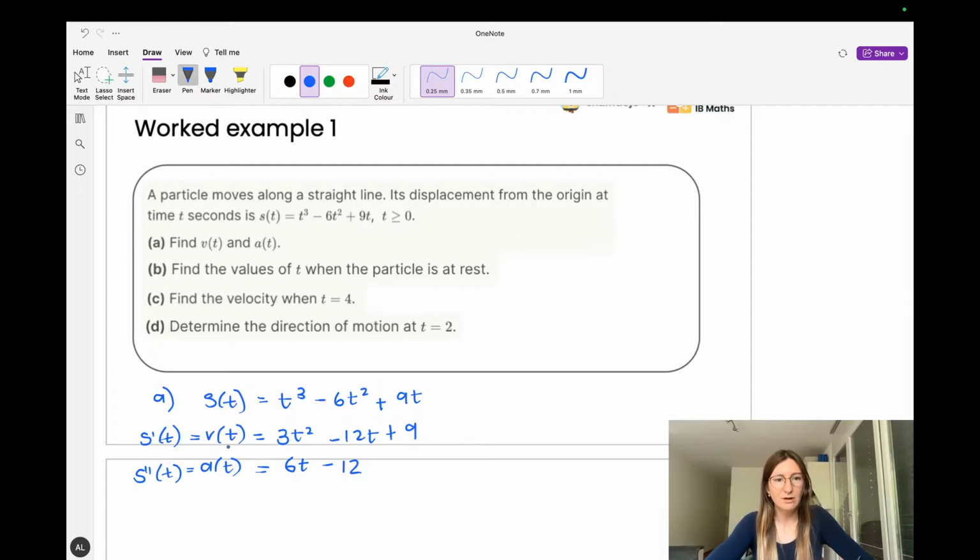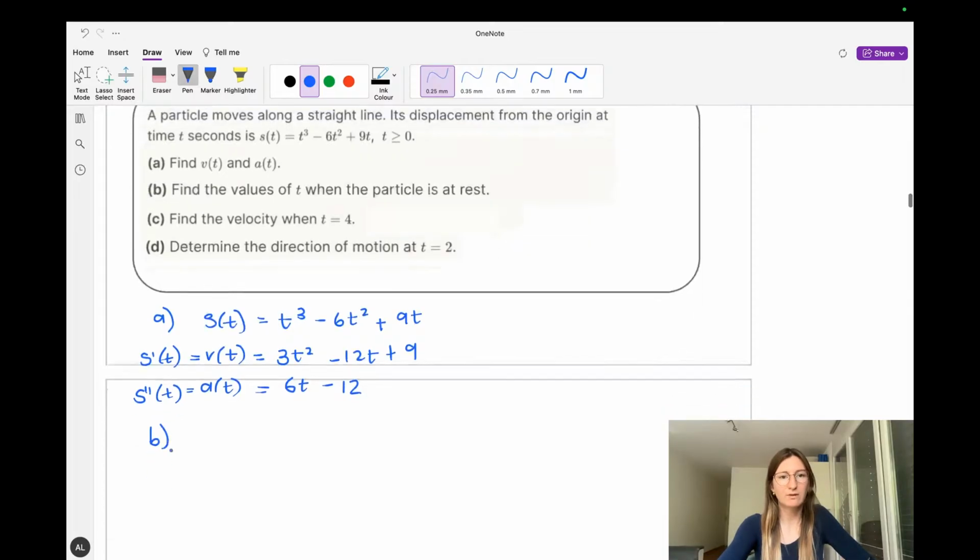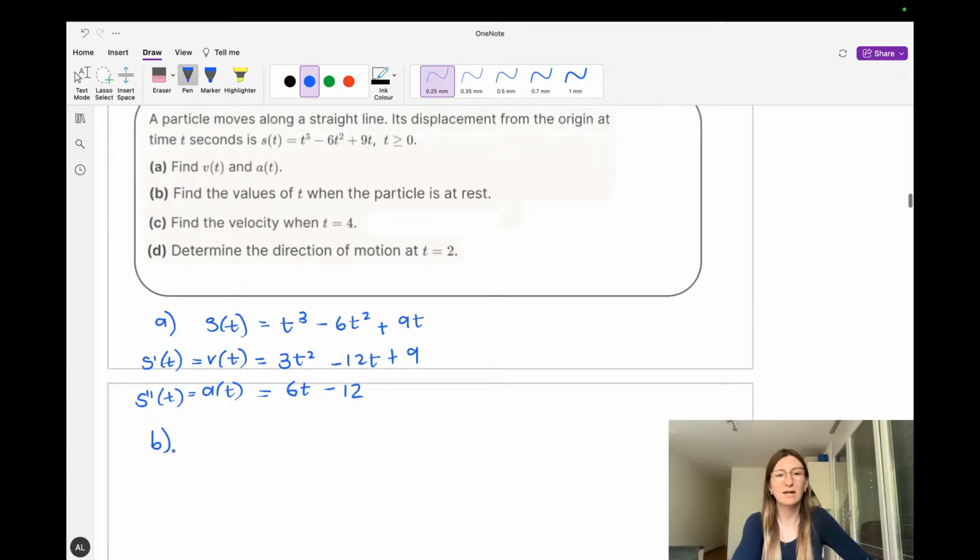Then find the values of t when the particle is at rest. So think about what that means. When a particle is at rest, it has no speed. So when the velocity, v of t, is equal to 0, that's when it's at rest. So we set our velocity function equal to 0. So that's 3t squared minus 12t plus 9. I can divide all through by 3 to make this a bit simpler.